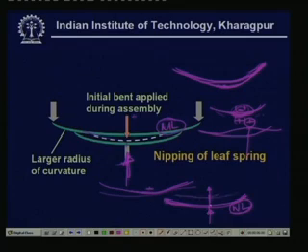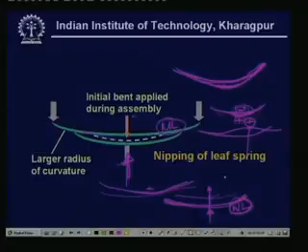So, if there is some stress and it is going towards this plus, then the stress gets added up. In this case the next leaves will be more stressed, but the master leaf gets a stress relief just by application of the load.